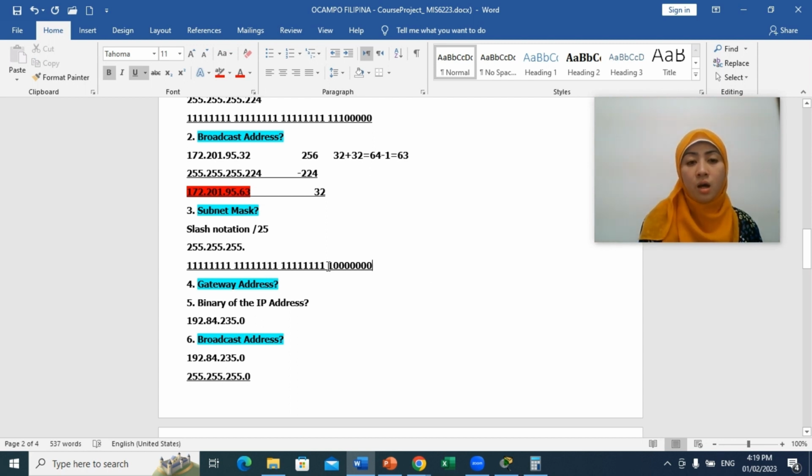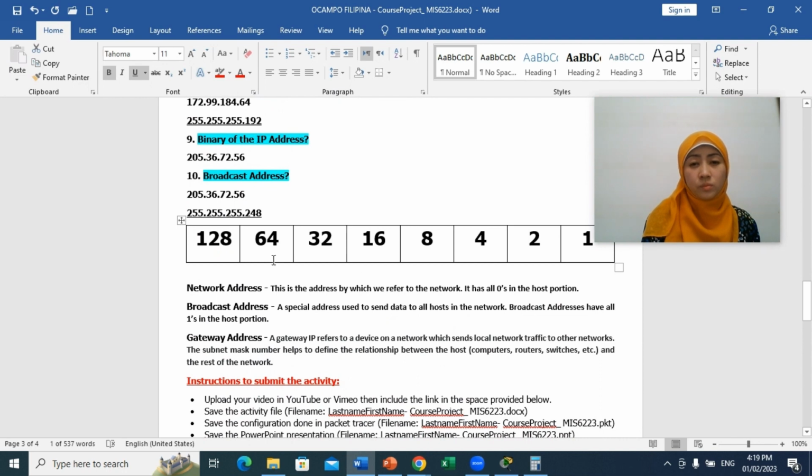So now, how do we get the subnet mask for this value? We will check it in this chart. The one value is 128 and the rest is 0. For this one, we need the value of 1 and ignore the 0.